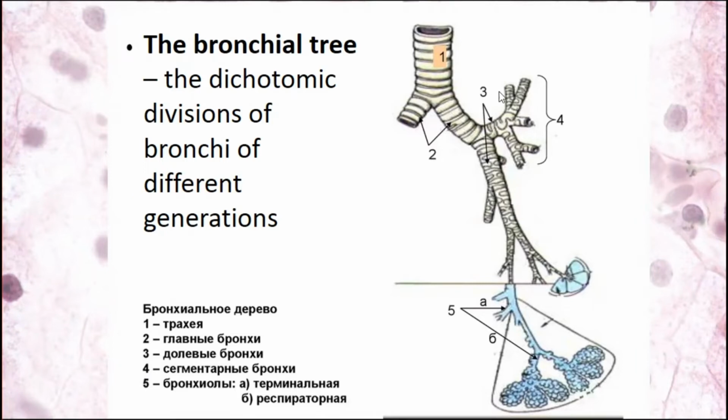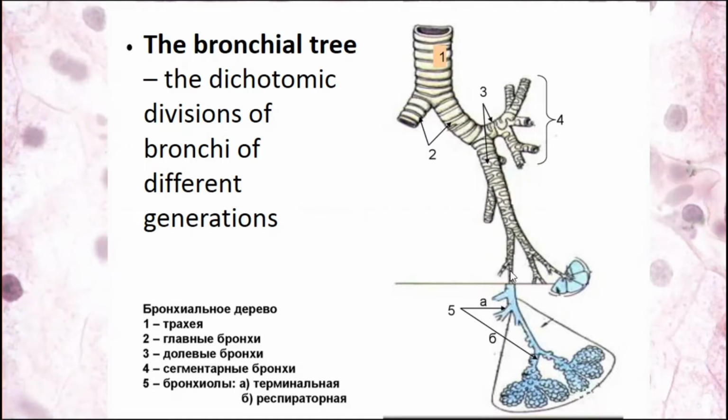And after that, lobar bronchi are divided into branches which supply air for segments, segmental bronchi. And after that, they form about 20 generations of divisions. So they are divided into two secondary bronchi, and each secondary is divided into tertiary and following generations, and about 20 generations of bronchi we have in our lungs.